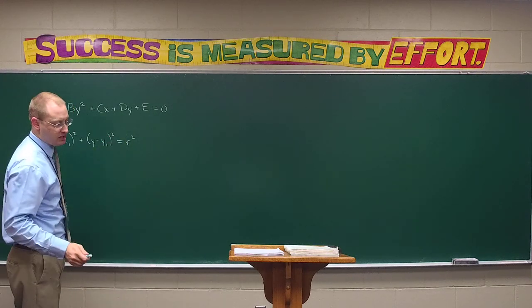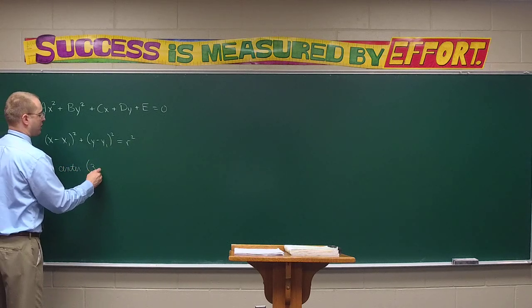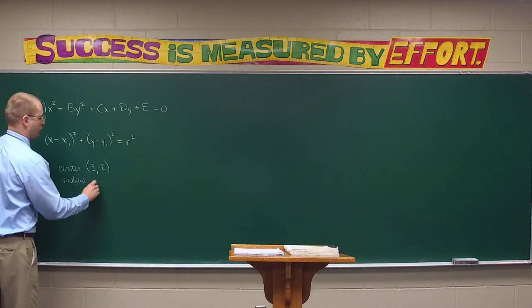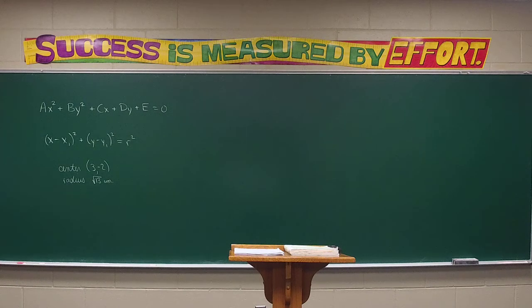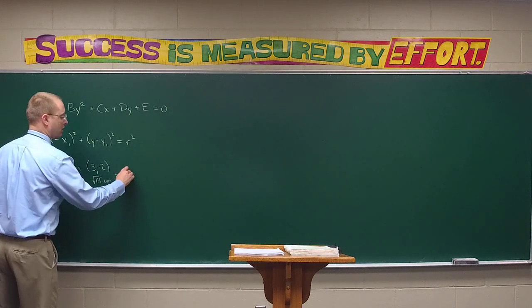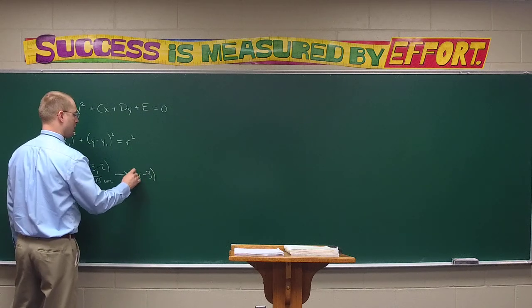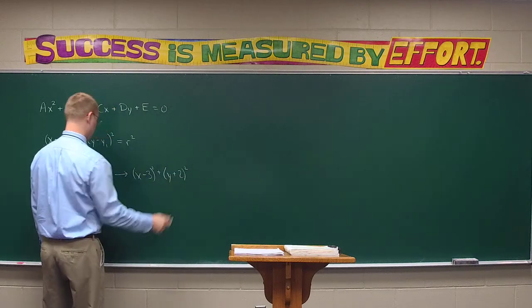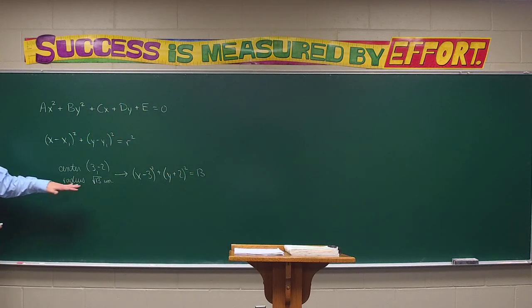And so, for instance, if I knew that the center of a circle was, say, 3, -2, and I knew that the radius was, say, the square root of 13 units, what would that equation look like, Quentin? X minus 3 squared plus y plus 2 squared equals 13. Good. So this would be the equation of that circle.